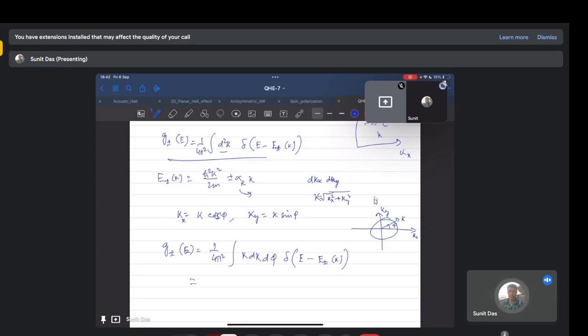And the phi limit is of course 0 to 2 pi, so 2 pi comes out, because the energy plus minus is independent of phi. So mod k is kx square plus ky square, so cos square phi plus sin square phi is going to give me 1, and this is also k square.